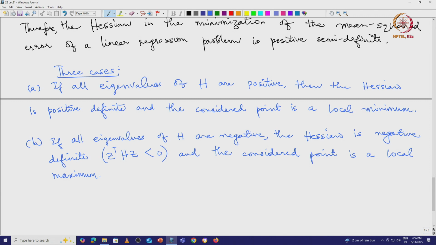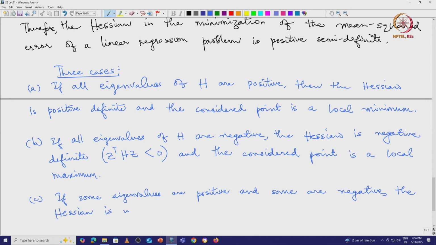And finally, we have the third case, if some eigenvalues are positive and some are negative, the Hessian is indefinite.